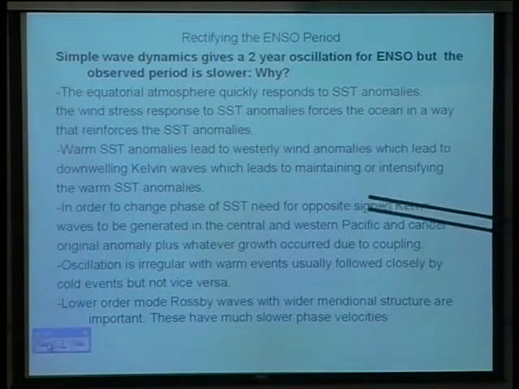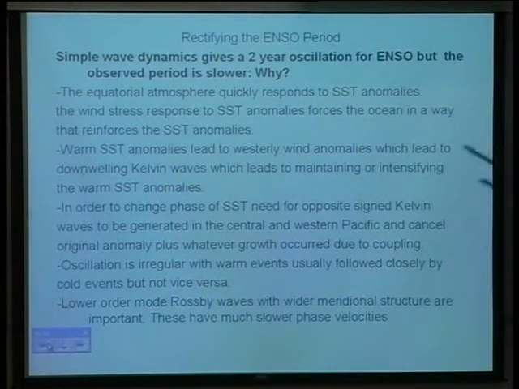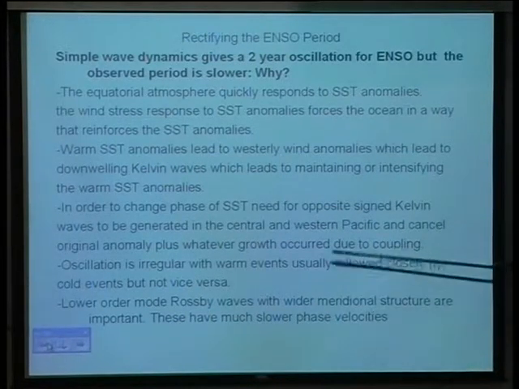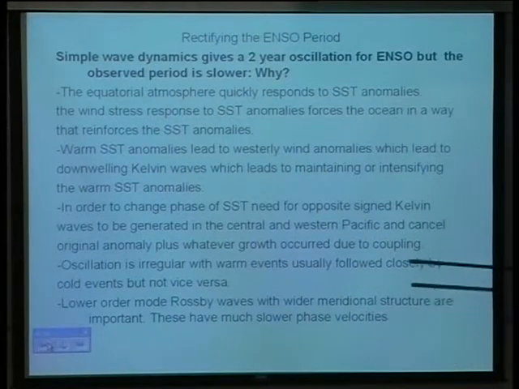Yeah, so that's here. So what actually ends up changing the phase is these opposite sign Kelvin waves are going to be generated there at the central and western boundary, and they're going to keep being generated by this wind stress anomaly that's in equilibrium with the SST anomaly. The other thing is that the oscillation is irregular, with warm events usually followed closely by cold events, but not vice versa.